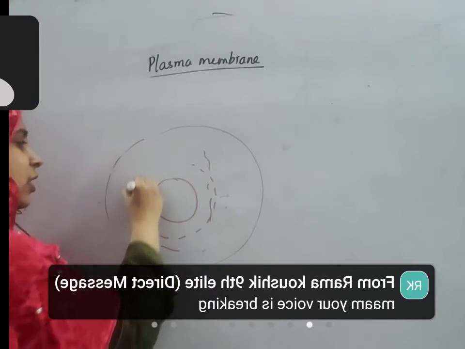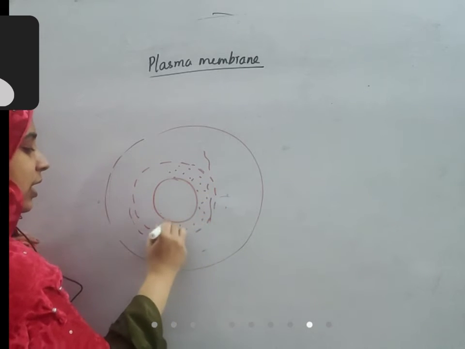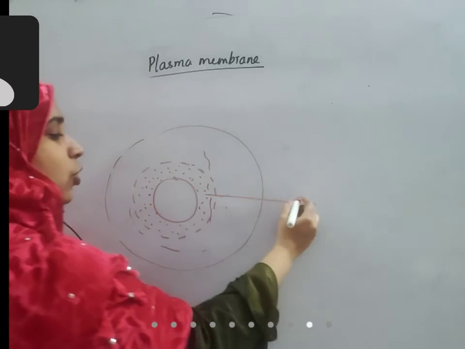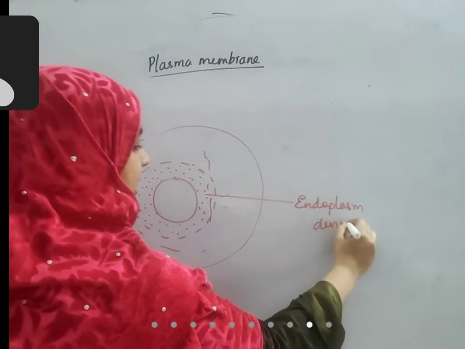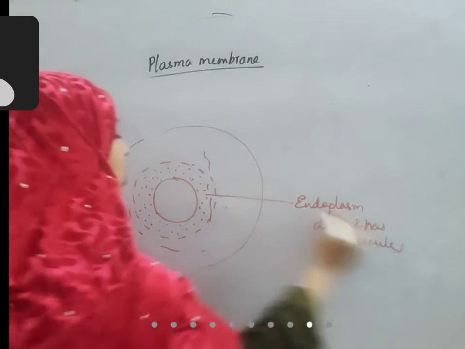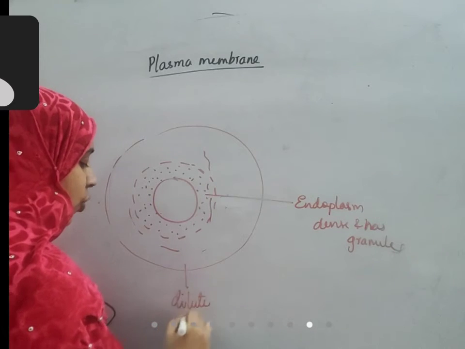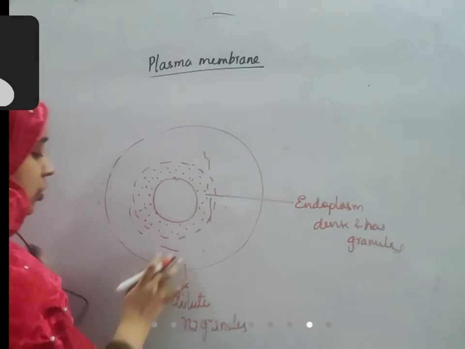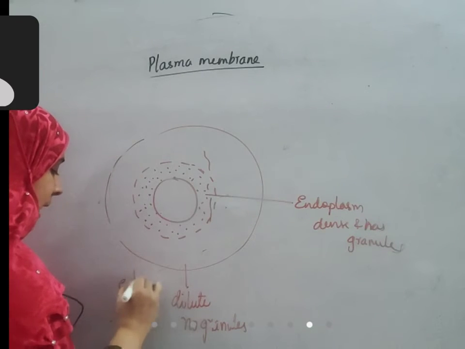The cytoplasm which is present near the nucleus has so many granules like ribosomes. This part of cytoplasm is called endoplasm. It is dense and has granules, compared to the outermost region, which is dilute and has no granules. This part of cytoplasm is called ectoplasm.